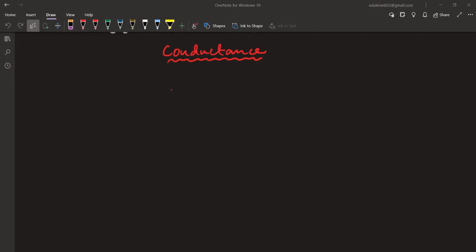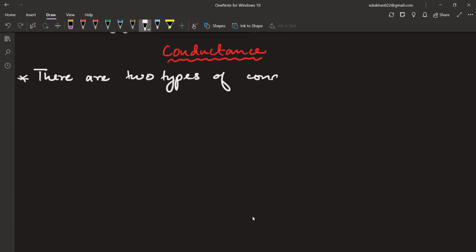Actually, for this we will write: there are two types of conductors. One is the metallic conductor.